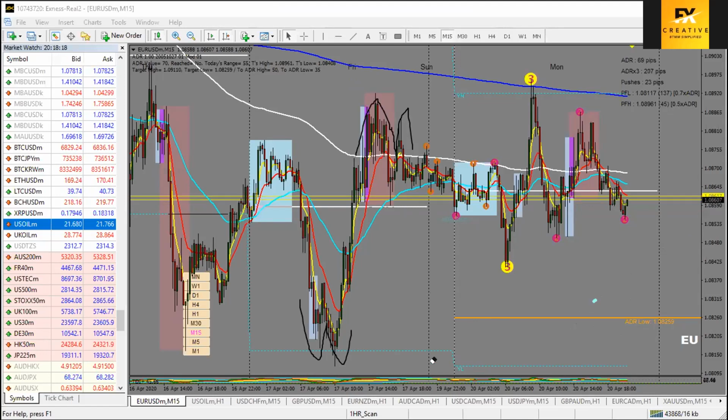So the dealer gave us an LOD, but you could have taken pips right from here going up to there. That's good money, but it's good money only if you know what you are doing. So the dealer gave an M formation here and ended the week.